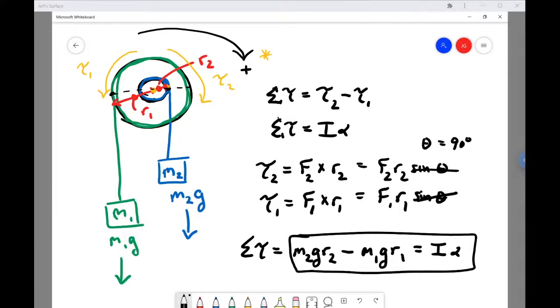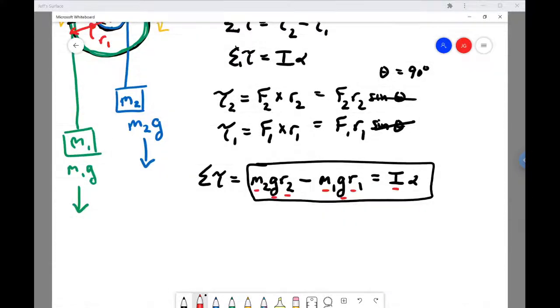So in this problem, they ask you to find, with what you're given here, this is the things that you're given. You're given all those things, which means you can solve for alpha.